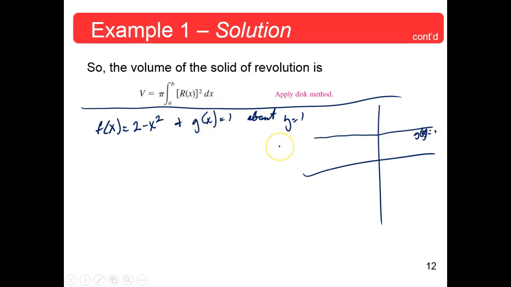That's that line. The other's up here at 2. When x equals 0, that's 2. When x is equal to 1, you'll be plus or minus 1. And this is a parabola that's something like that.